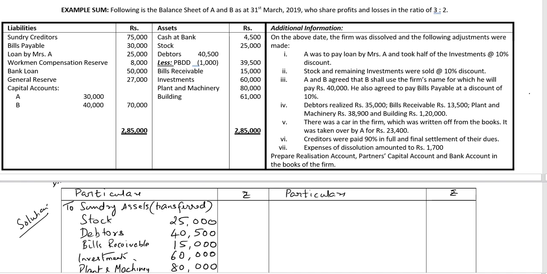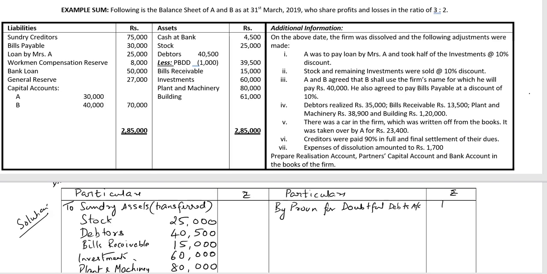On the credit side of the realization account, we'll begin by transferring the provision for doubtful debts. Amount 1,000 rupees.